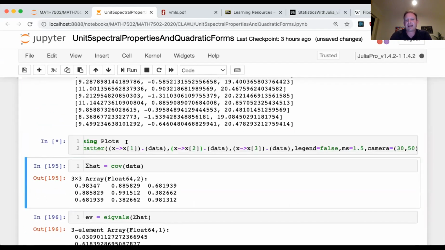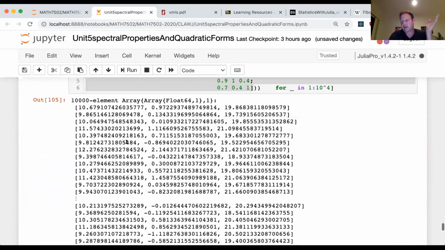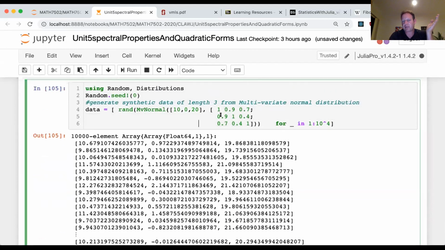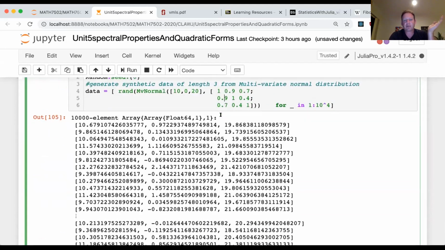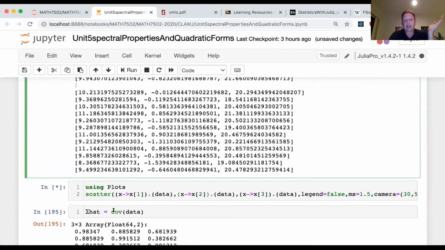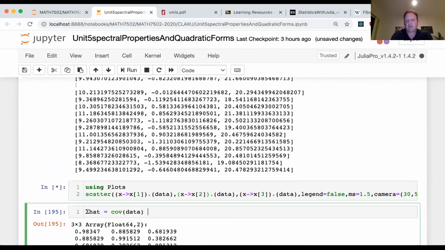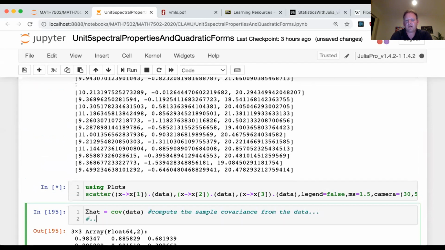Now I'm going to forget the fact, as I often do in the lectures, that I actually made up this data. I live in an imaginary world, lecture. And then I'm going to compute the sample covariance from the data. For data science, this is sometimes where the story starts.